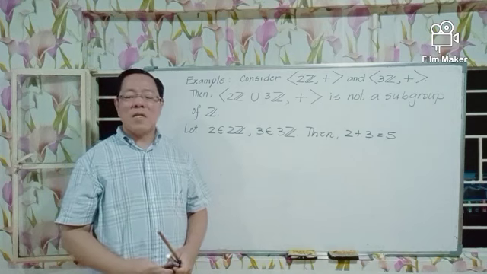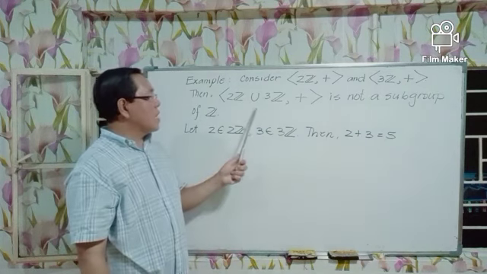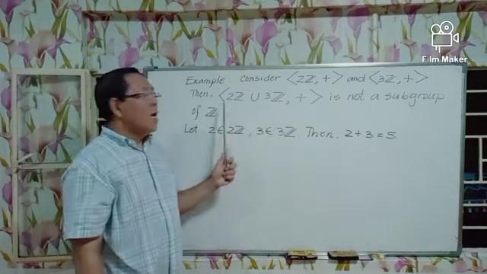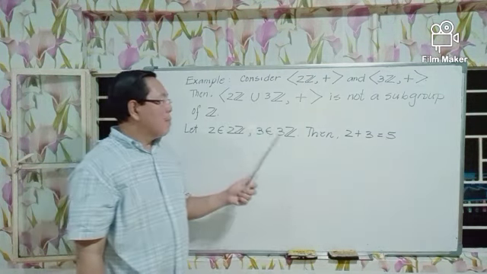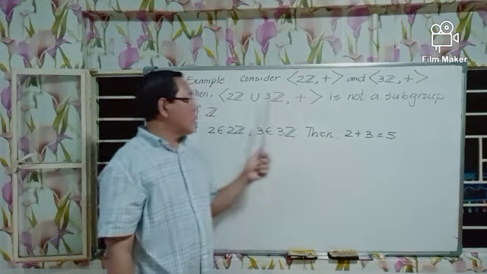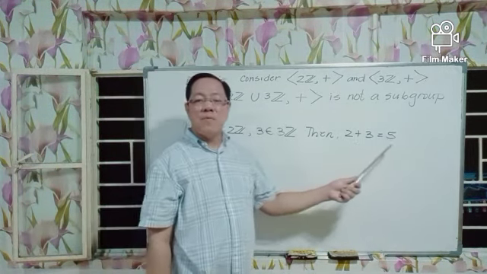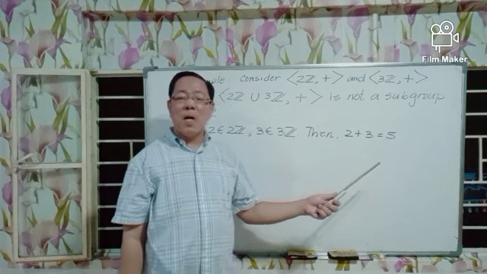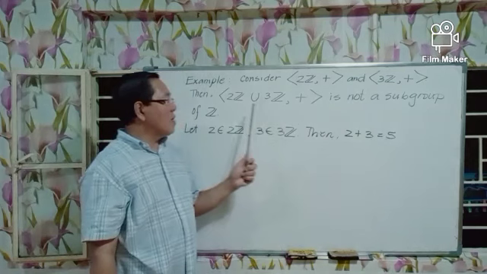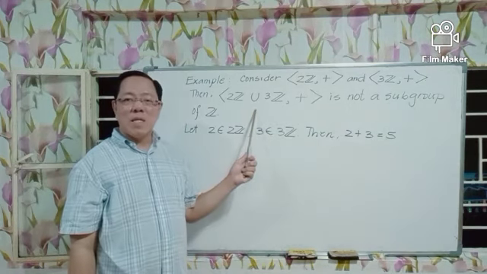And as I said earlier, the elements of the union of 2Z and 3Z are those integers that are either divisible by 3 or divisible by 2. But the numbers 2 and 3 are elements of the union of 2Z and 3Z, but the sum 5 is not divisible by either 3 or 2. Therefore, 5 is not an element of the union of 2Z and 3Z.